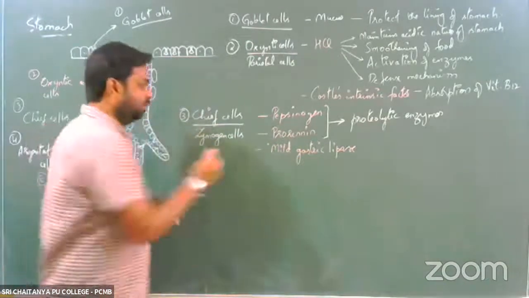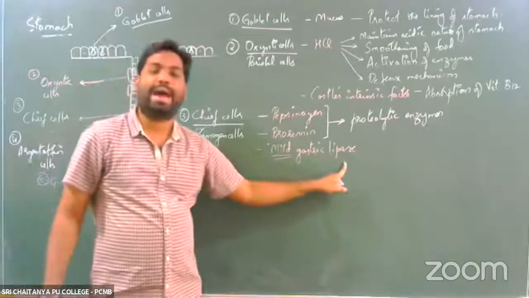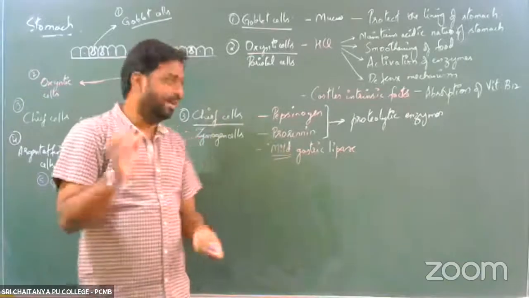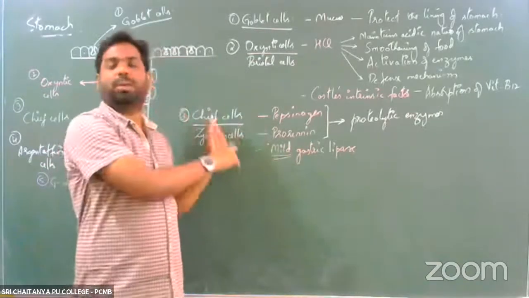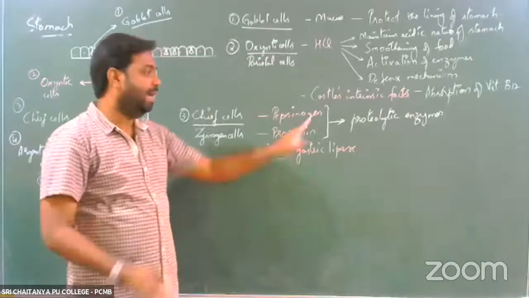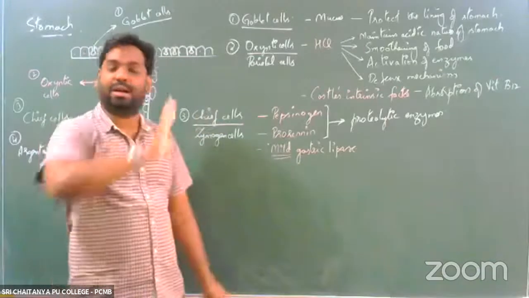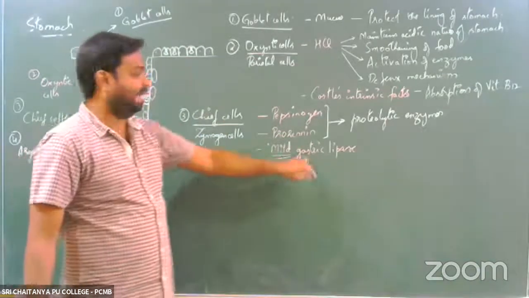But again, we are using the term mild here because if lipase has to act on the fat, it requires alkaline pH, which is not provided in the stomach. That's the reason why lipase activity is said to be maximum in the small intestine, where a complete alkaline nature is maintained.